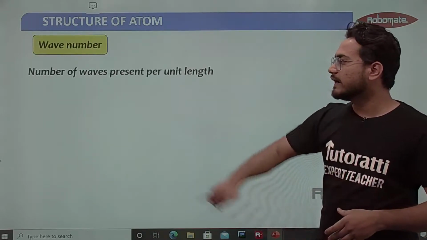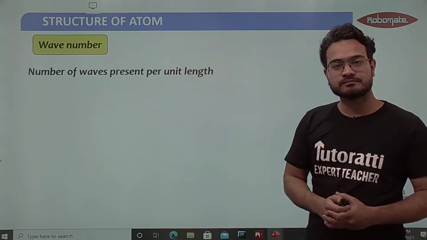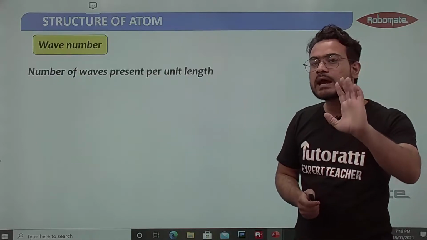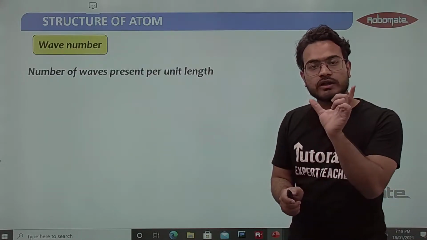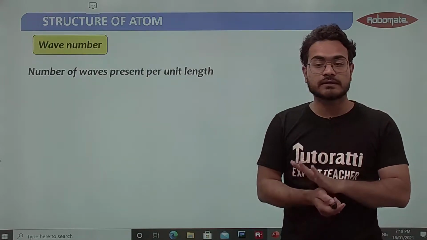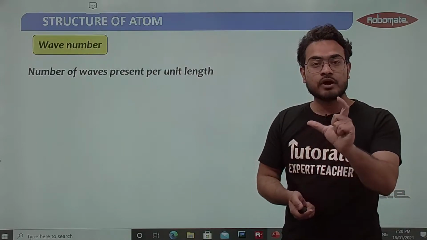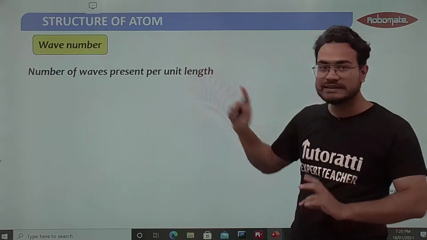What is wave number? It is the number of waves present per unit length. Now, number of waves will not have any unit in it. Good, Sarthak. Number doesn't have any unit, but length has a unit.